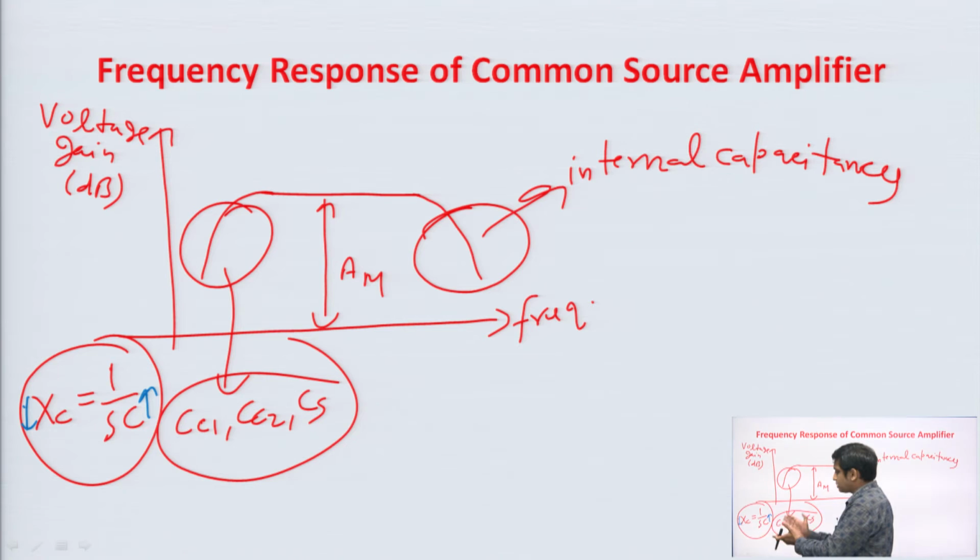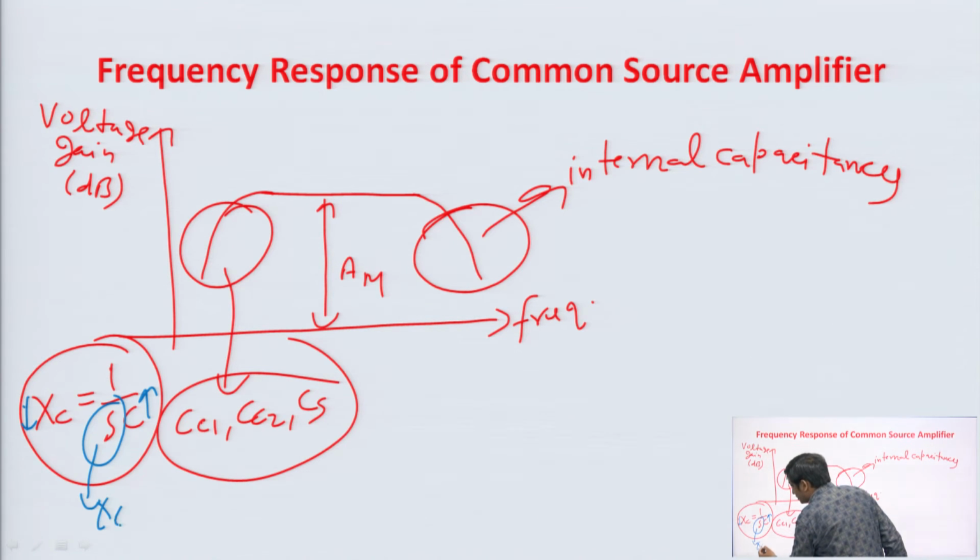From here you can see that everything seems fine, because the capacitor value is more, so the reactance is less. So we have already considered that the coupling capacitors are acting as a short circuit. What is the issue? The issue is that it is acting as a short circuit, but when we go to low frequency, where S is the frequency, the capacitive reactance will increase.